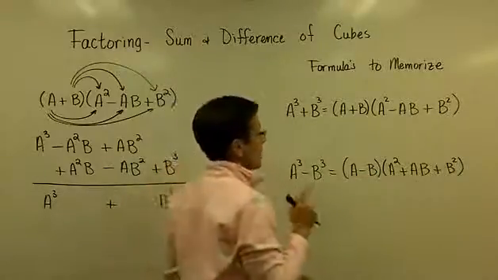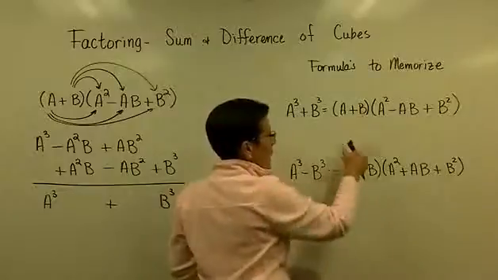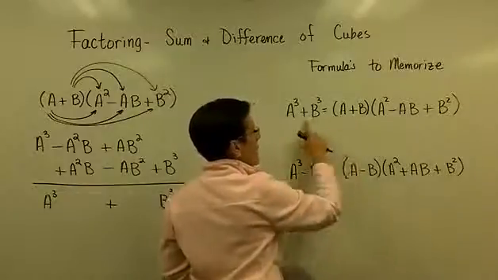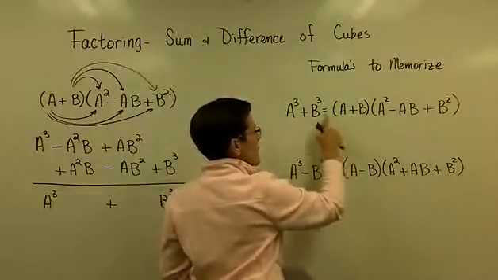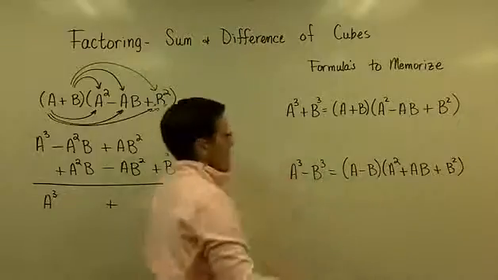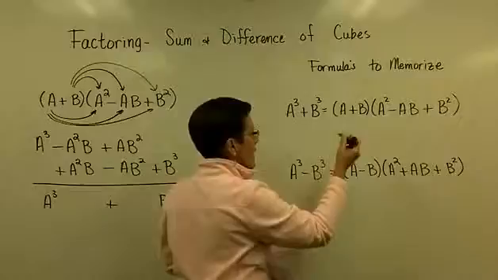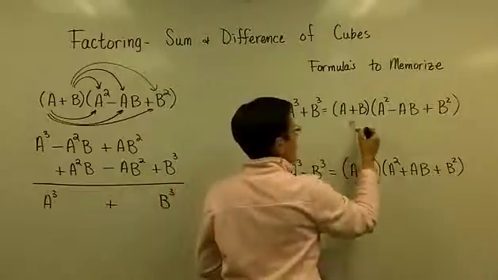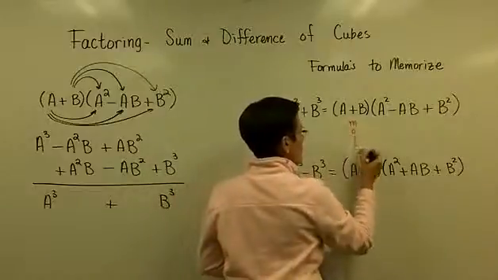Could I ask you to notice a couple of things? The binomials look alike, but this one right here, the binomial has the same sign, and this one right here, the binomial has the same sign. I'm going to say that those signs match one another.